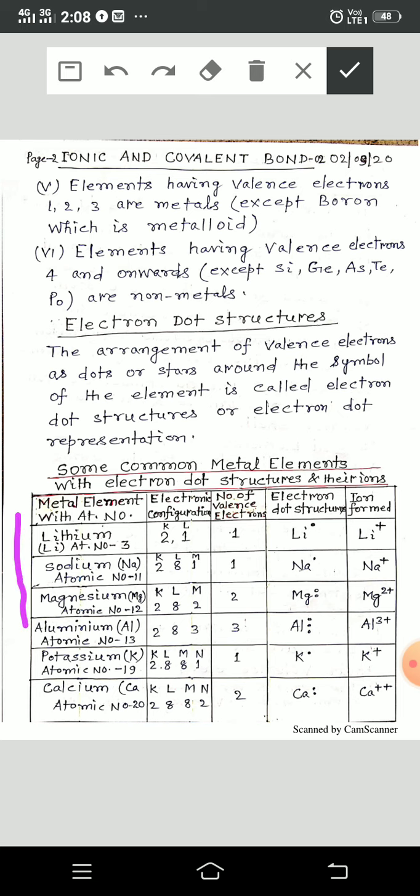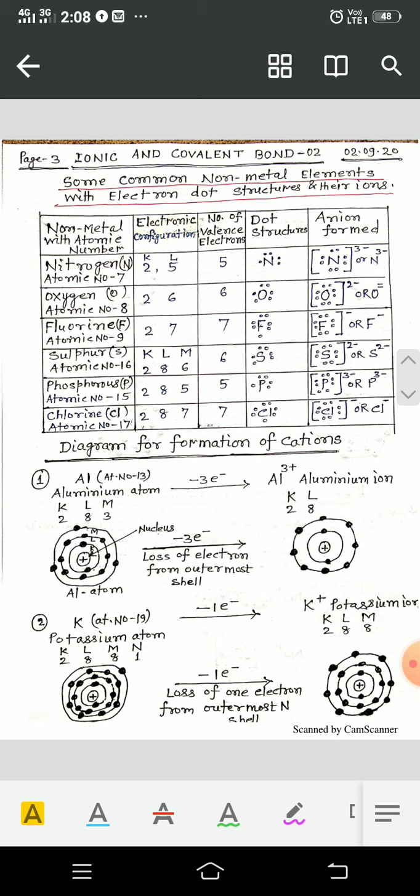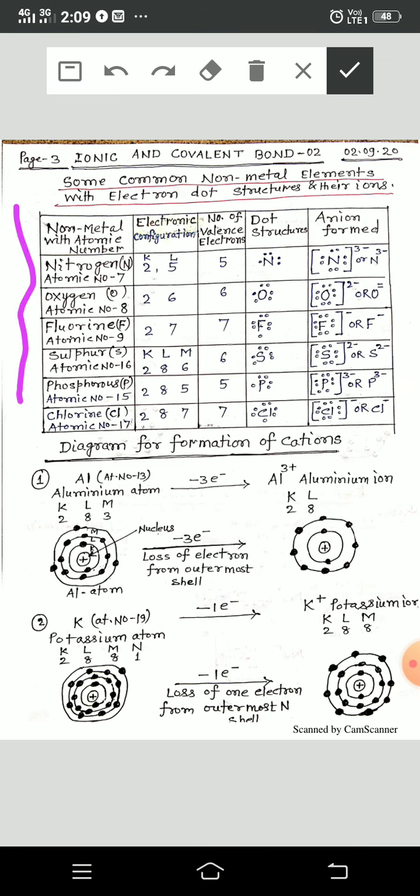Now on page number 3, this is the electron dot structure of non-metals. Before this, on page number 2, that was the electron dot structure of metallic atoms, and this is the electron dot structure of non-metallic atoms.